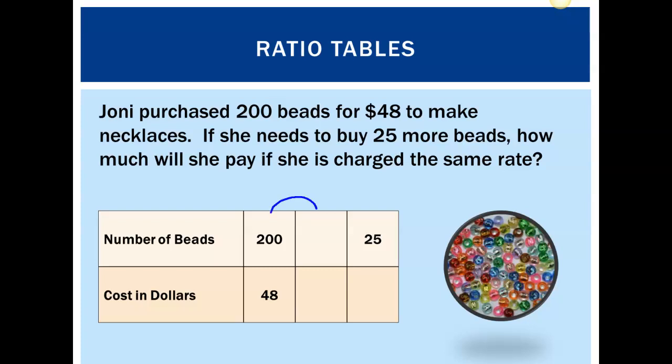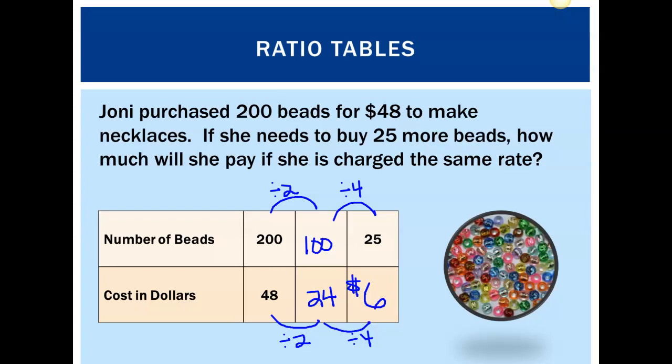We could divide both 200 and 48 by 2, and we would have 100 over 24. We could then divide 100 by 4 to get 25, and on the bottom we would also have to divide by 4, and we would find out that it would cost $6 to buy the 25 additional beads.